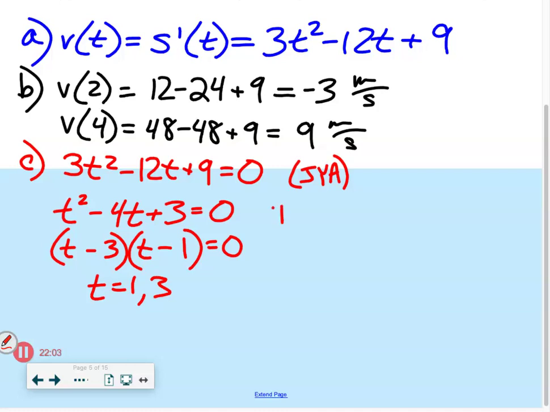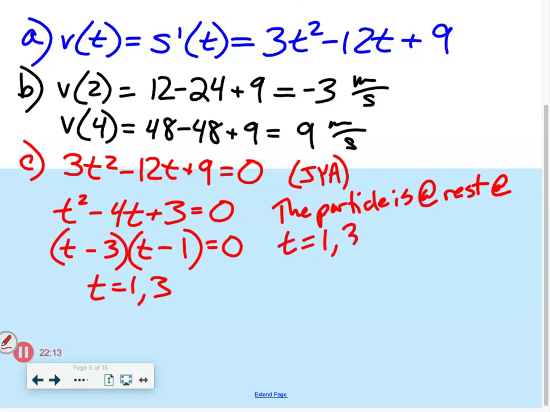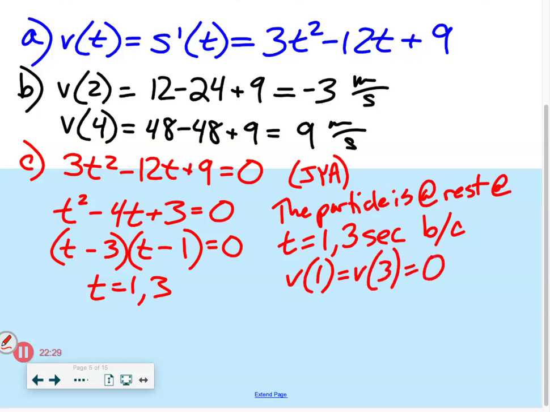I would say the particle is at rest at t equals 1 and 3 seconds. Make sure you always put units in your answer. T equals 1 and 3 seconds because, how did we know? v of 1 equals v of 3 equals 0. Because the velocity was 0 at those times.